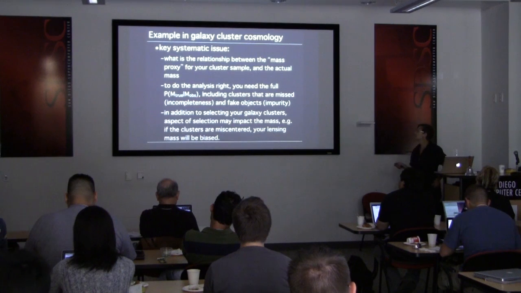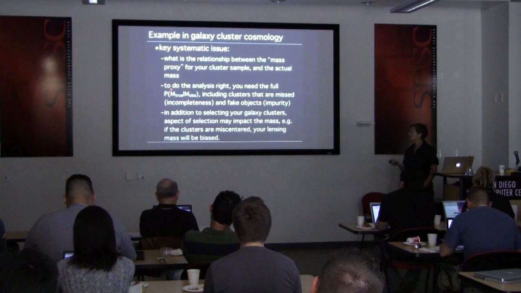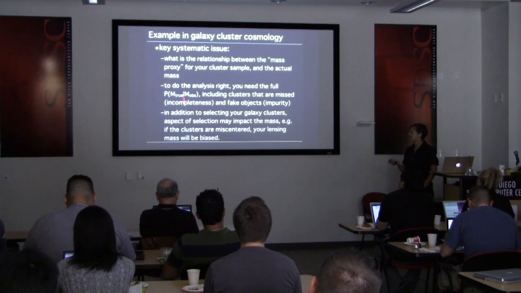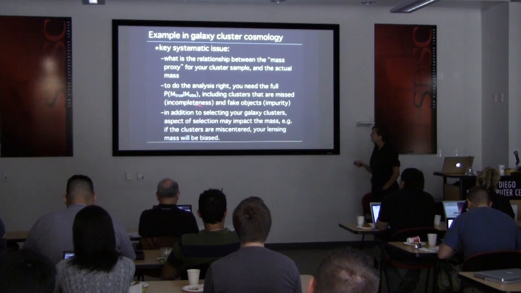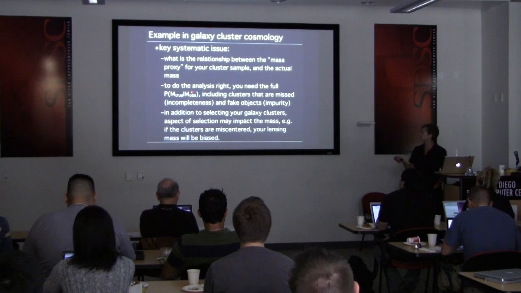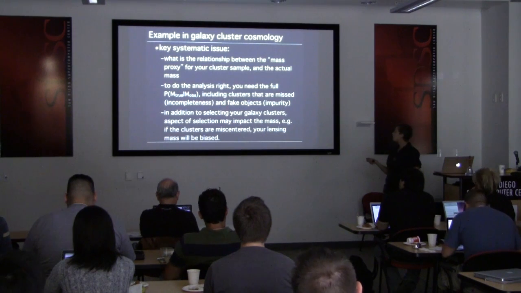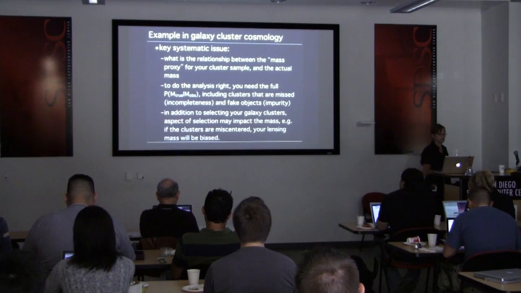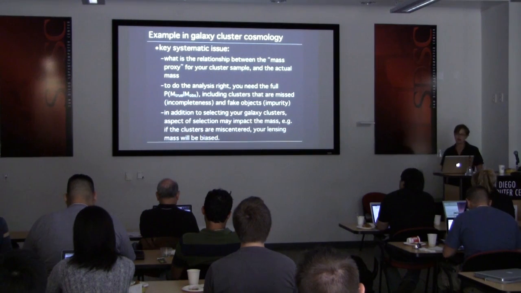And to do this analysis right, you need to know this full probability distribution, the probability of having a true mass given what you observe, including things that are missed. So it's called completeness. You can think of that, where you sort of have M true of 0 given an M obs, or fake objects, things that come into your sample that are not real clusters.